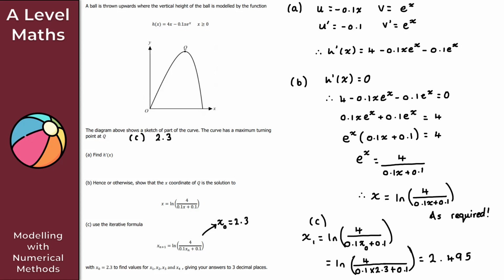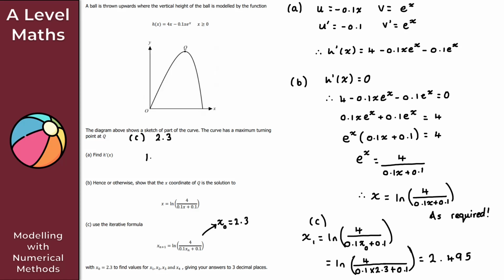Now, if I use the answer function on my calculator, it will recall this value. That's quite useful because we can use this to find the values of x1, x2, x3, and x4. Wherever there's an xn, we use the answer function on our calculator. So now we need to use this iterative formula to find the values of x1, x2, x3, and x4.